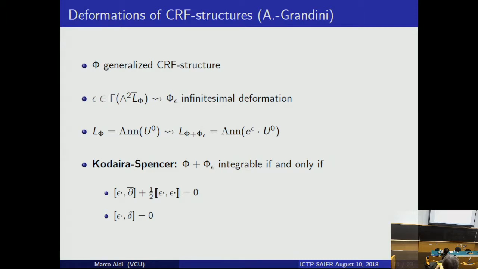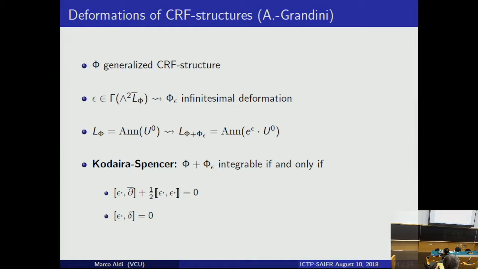And this is the effect that the deformation has on the spinors. This is the same as what happens in the generalized complex case. But now when you study the integrability condition, you have Kodaira-Spencer type equations.